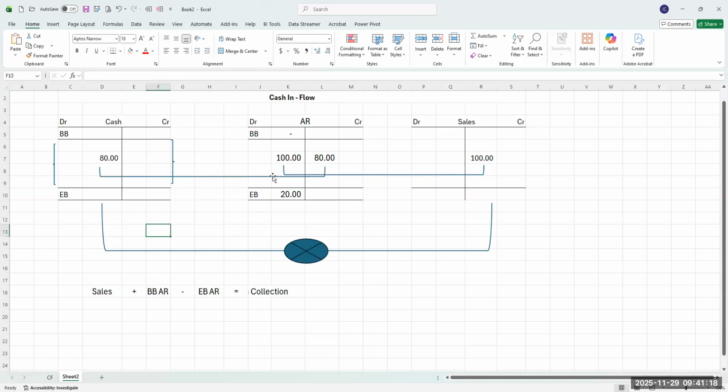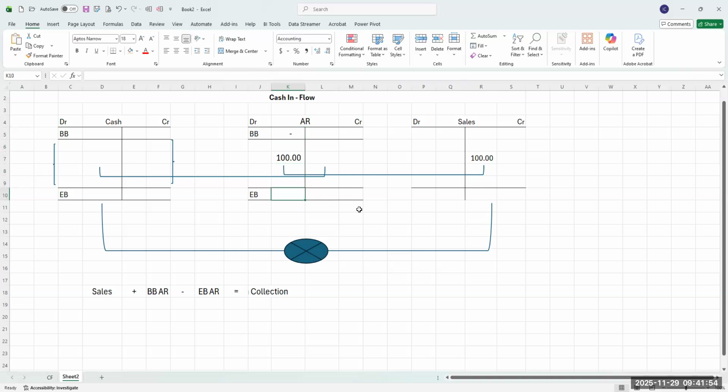Now the one scenario is when the balance is 0 here. Now let's play with it a little bit. Now we don't know how much we collected. The only thing that I know is my sales. My sales are 100, and those sales naturally have to go to accounts receivable. Now the accounts receivable account has a beginning balance of $0.